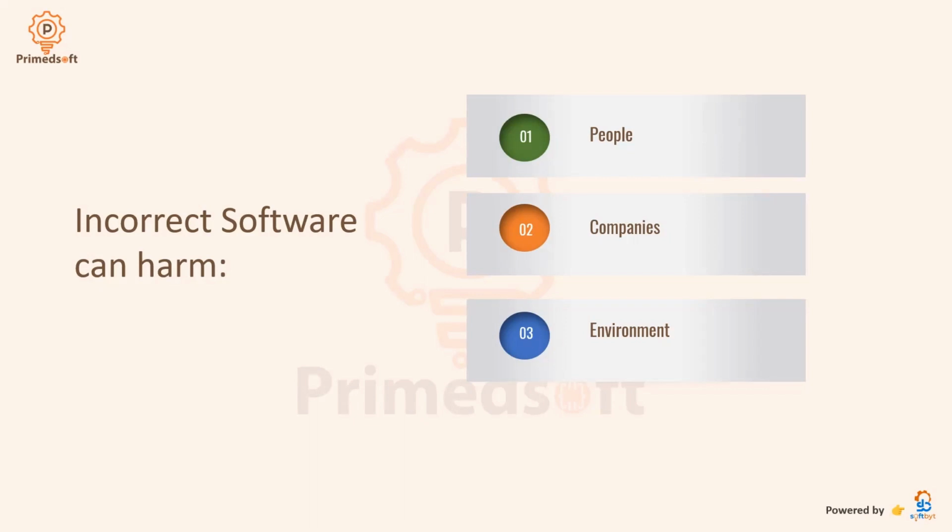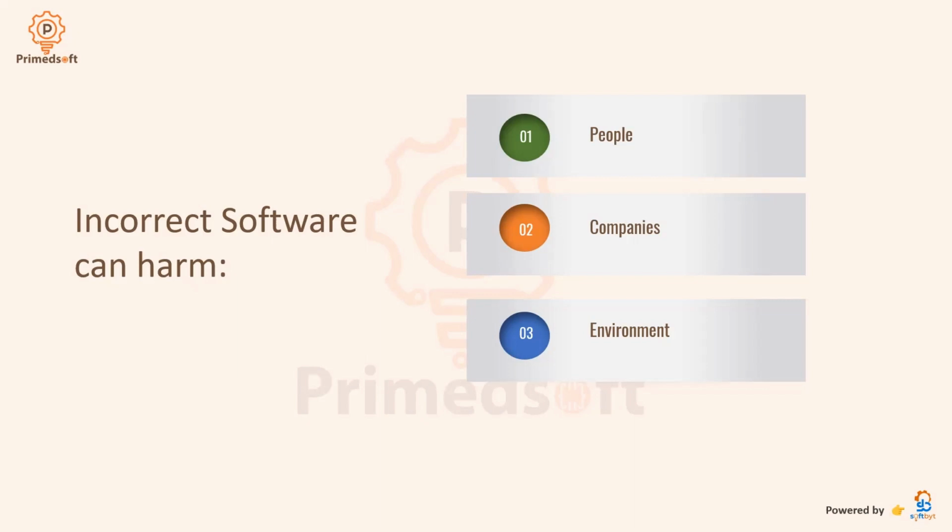Let's say your electric company, instead of billing you £50, is billing 150 or 200. Customers will lose faith in them and want to go with another provider. So incorrect software causes harm to people, and it also causes harm to companies. It can damage companies' reputation as well.